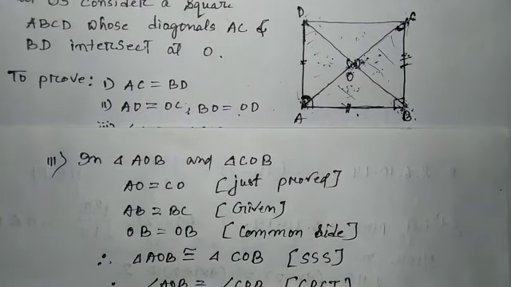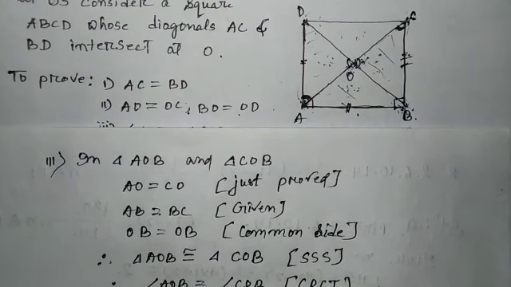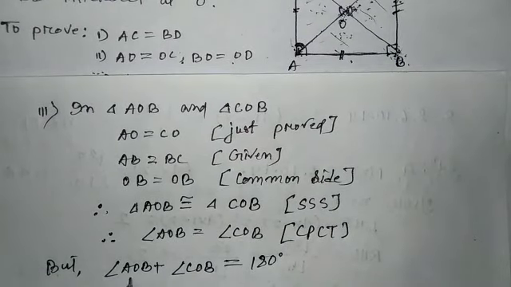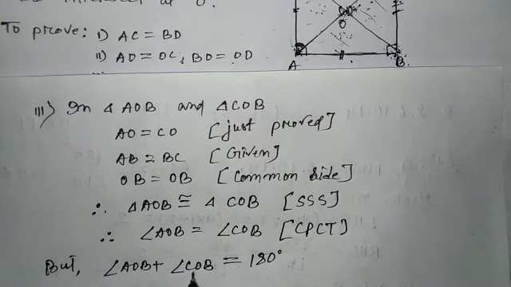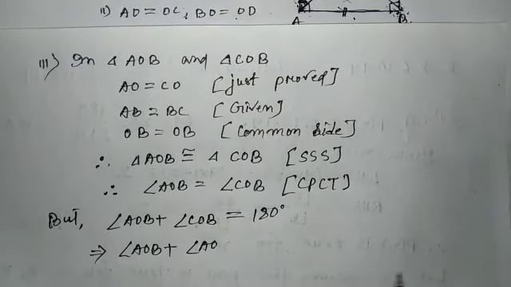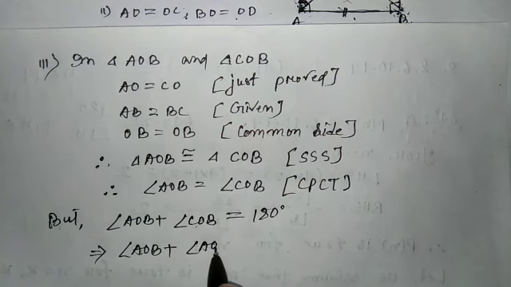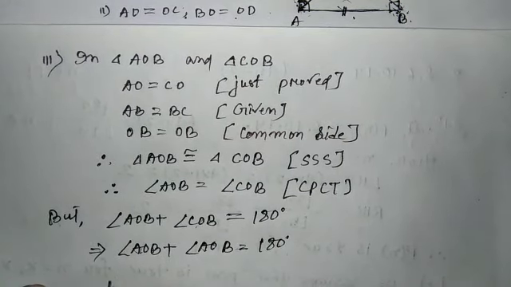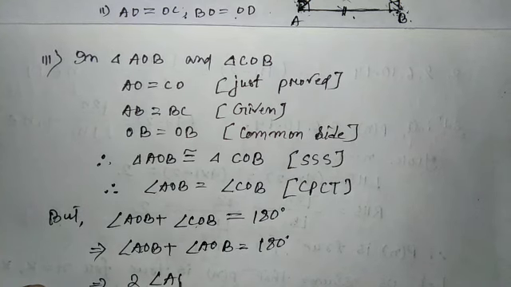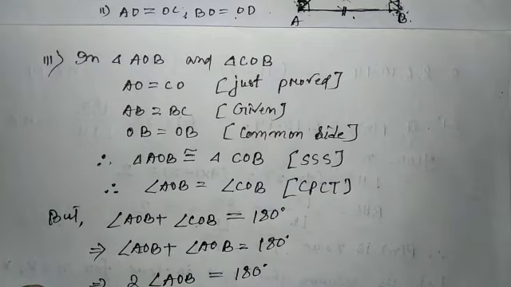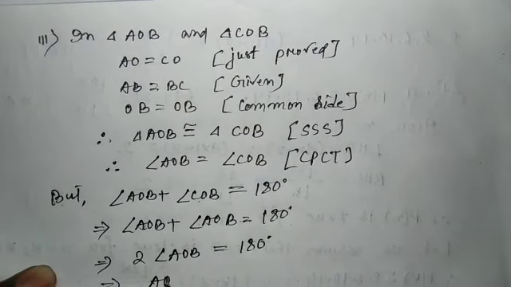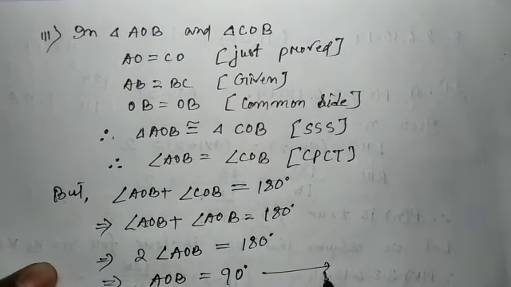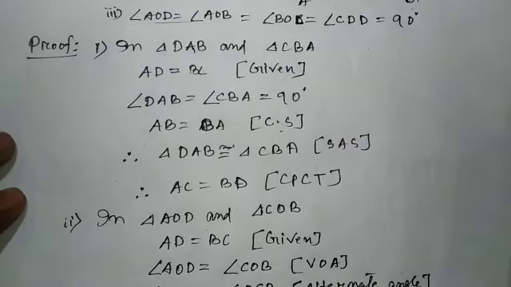So we can write angle AOB plus angle COB is 180 degrees. Since COB equals AOB, twice angle AOB is 180 degrees. So angle AOB is 90 degrees.